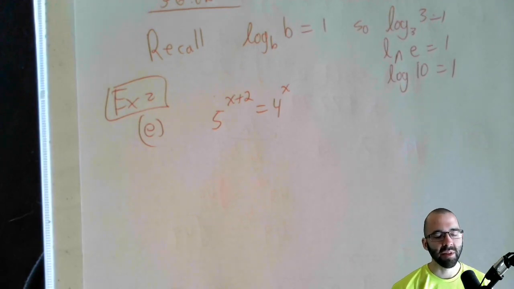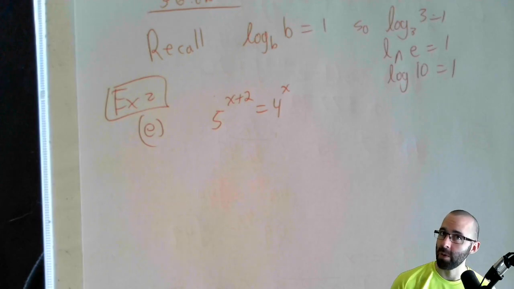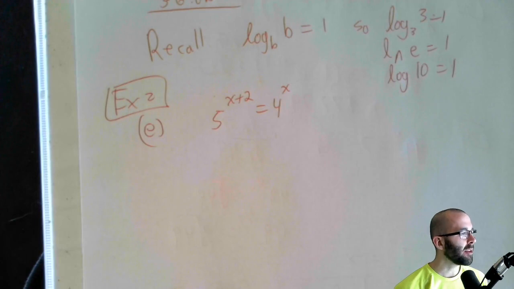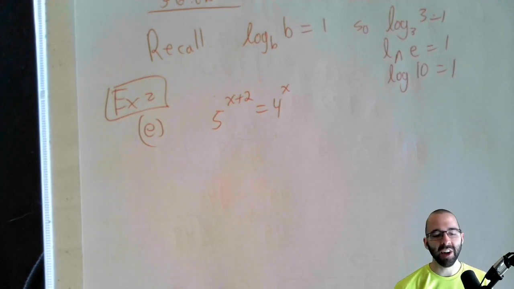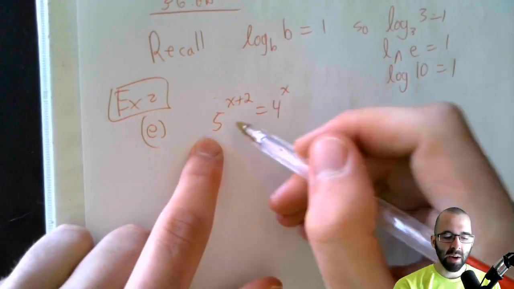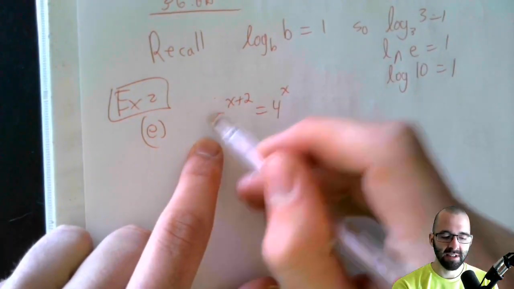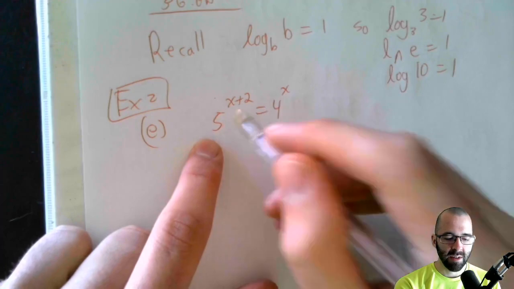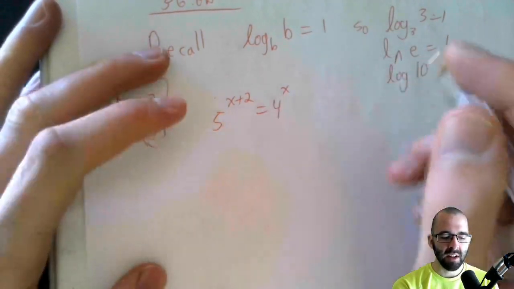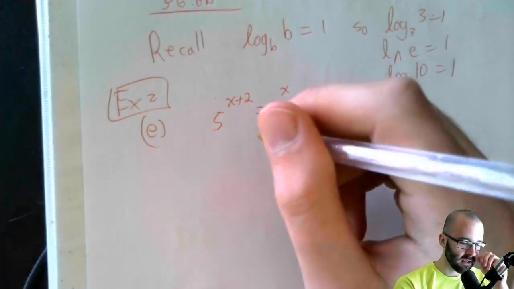Specifically, we're going to use something called a logarithm. Now, you may not have heard of logarithms, but logarithms are the inverse functions for exponents. So, let's say I want to inversicize, it's not a word, but if I want to get rid of this exponential on the left-hand side, let's just take the log of both sides.